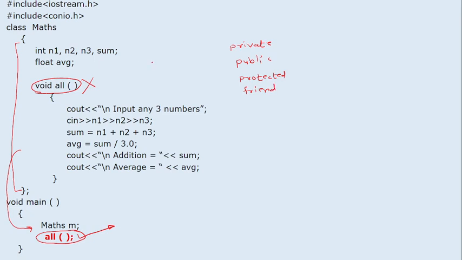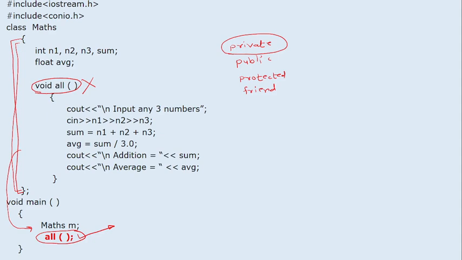When we don't mention any scope or access specifier, by default it is considered as private. Private member functions and private member variables we can access only within a class. This class starts here and it ends here. Here we can access any member function and any member variable.